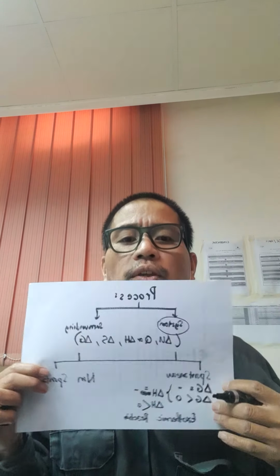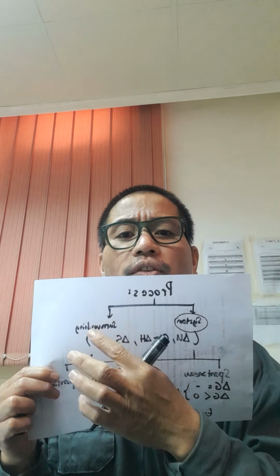So class, if the heat is being removed from the system and we have a negative heat, which is less than 0, therefore we have an exothermic reaction or exothermic process. So the heat is released to the environment or the surrounding. If the heat is released to the surrounding, it will become hot. Okay, like that. That is an exothermic environment.